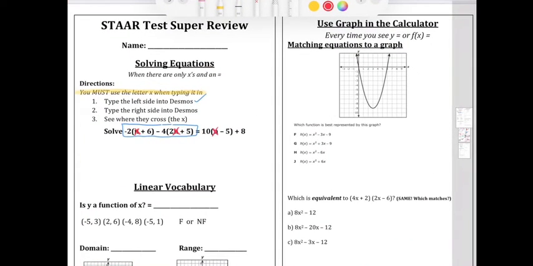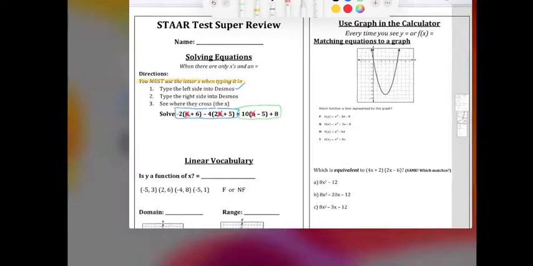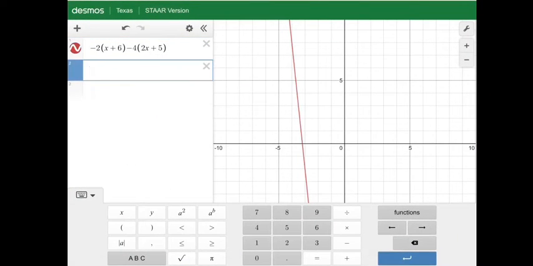Okay, there's the left side. So now I'm going to take the right side and plug it into Desmos. 10, open parentheses, x minus 5, plus 8.